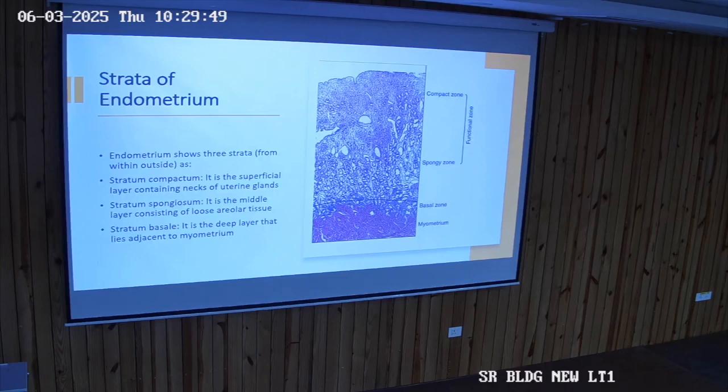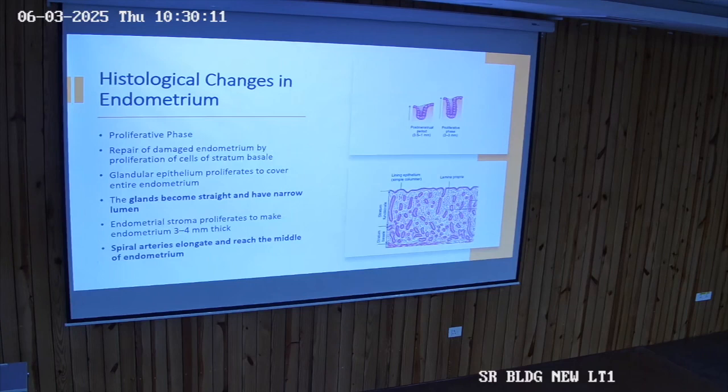Stratum spongiosum is the middle layer which consists of the loose areolar tissue and also the arteries, vessels, nerves which are contained in the spongy zone. Stratum basale is the deep layer which is lying adjacent to the myometrium. This layer is very difficult to understand. So if you don't understand, please let me know. I will explain it once again.